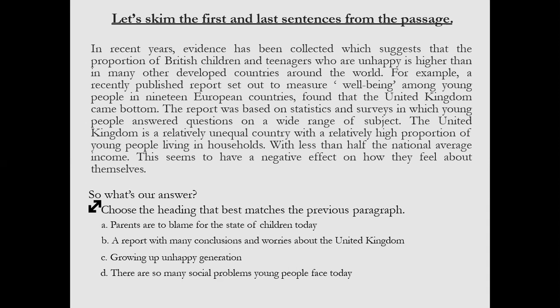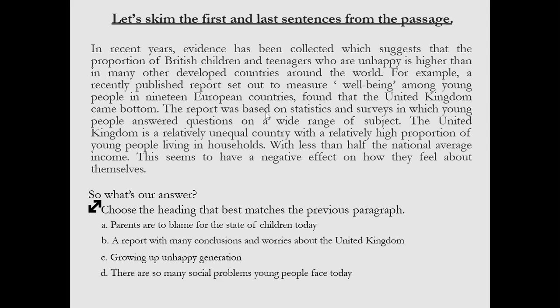In recent years, evidence has been collected which suggested that the proportion of British children and teenagers who are unhappy is higher than in many other developed countries around the world. For example, a recently published report set out to measure well-being among young people in 19 European countries and found that the United Kingdom came bottom.